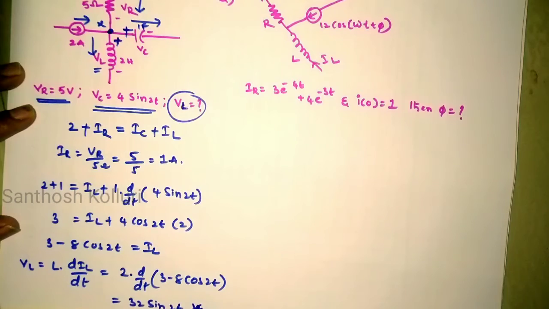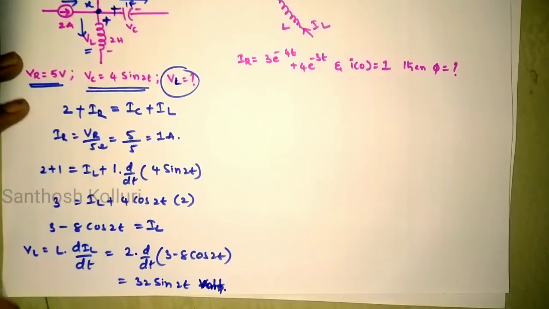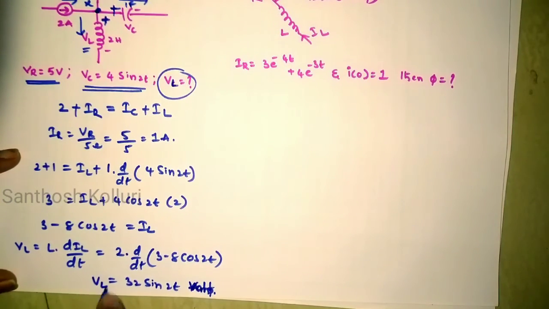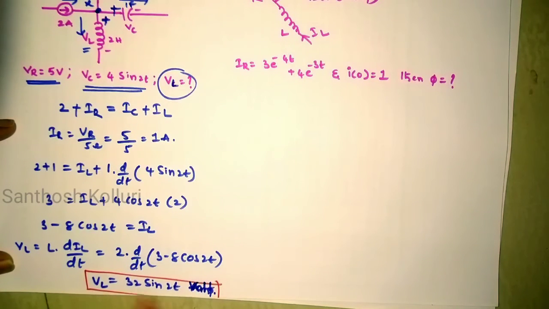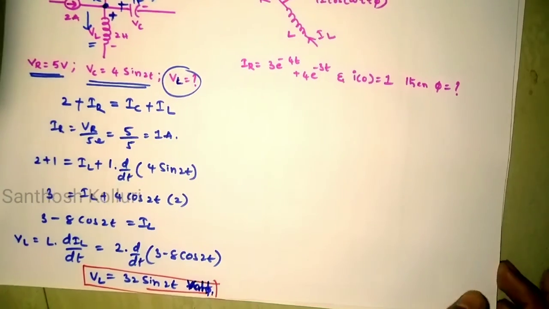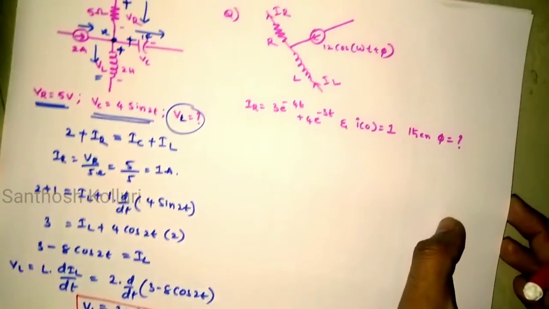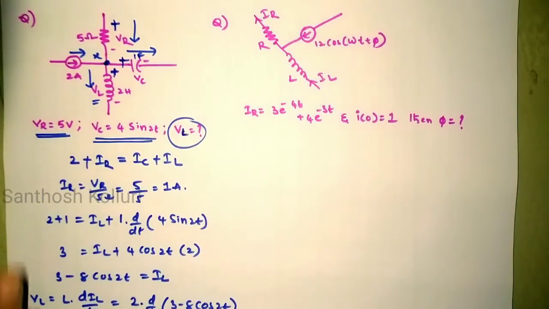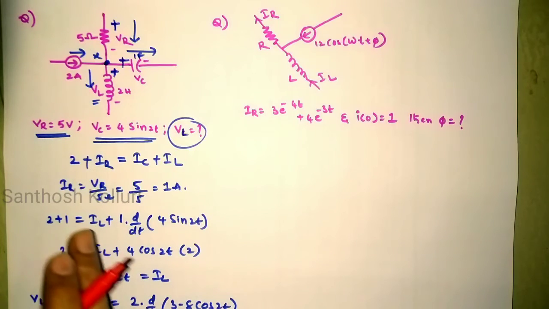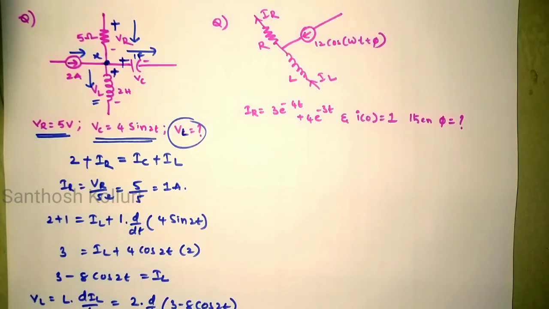Sorry, volts. 32 sin 2t volts. So this is the voltage across the inductor calculated based on the application of KCL. I have written entering currents is equal to leaving currents, then based on the given values I have calculated the voltage across the inductor.